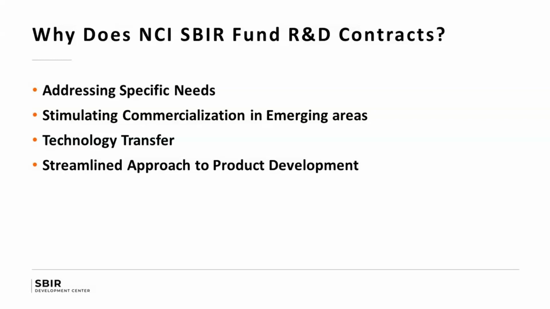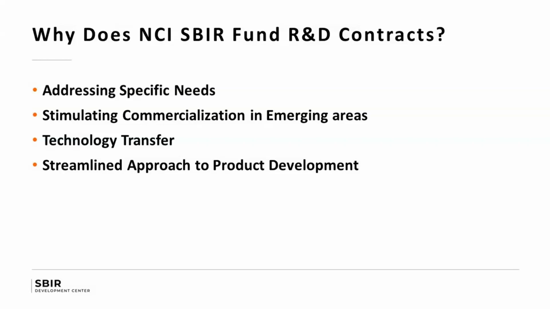So, for example, if there are any specific needs of the community that are not taken care of via the omnibus solicitation grants, or there is some specific need to commercialize in emerging areas, that's where we solicit the contracts. For example, this year we have a specific contract topic regarding extrachromosomal DNAs in cancer.